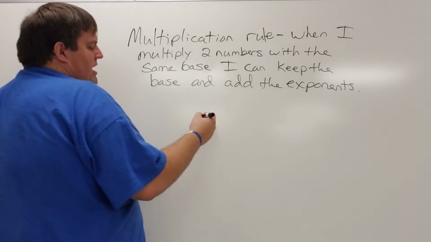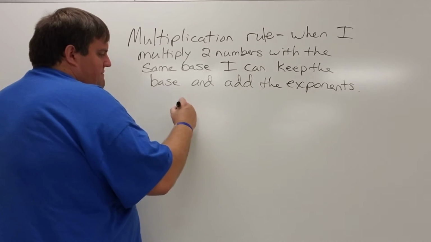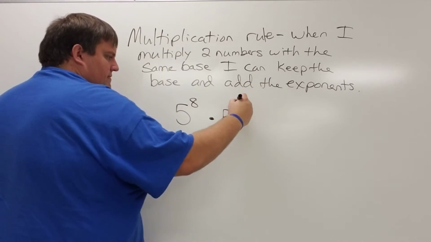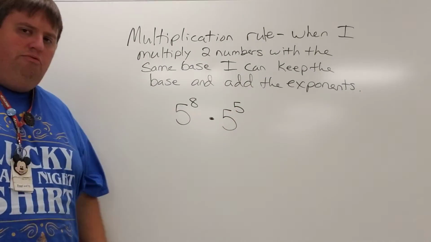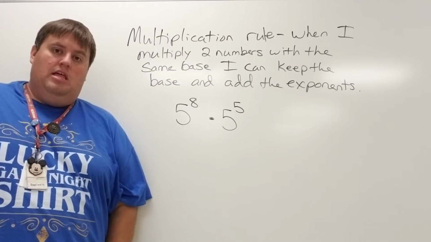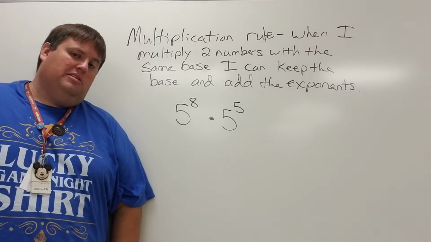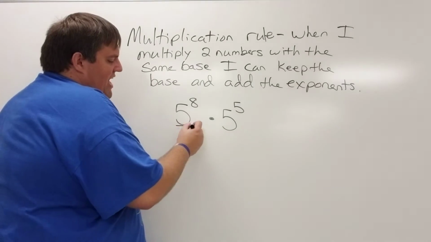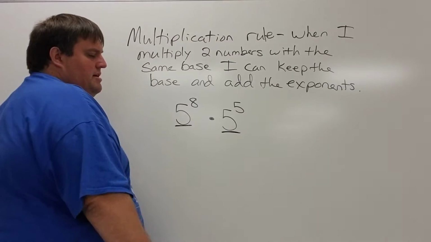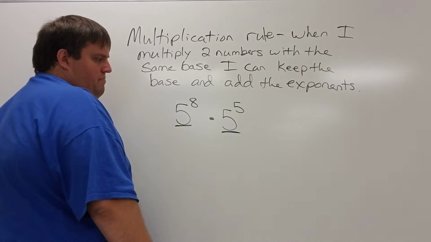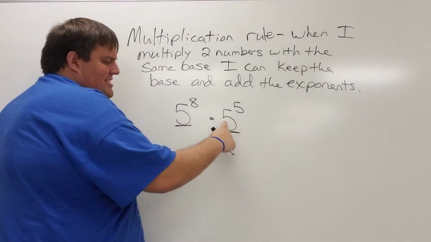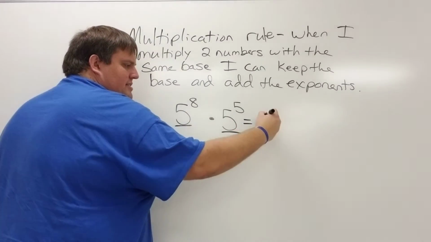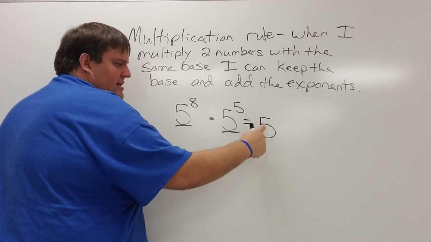So for example, if I had something like 5 to the 8th times 5 to the 5th, that's going to be a really, really big number, right? I don't even want to put that in my calculator. It's probably going to be so big. But what this rule says is, since these are both 5s, since our bases are the same, what I would do is, instead of having to worry about doing any math whatsoever, I can simplify this and keep the base.